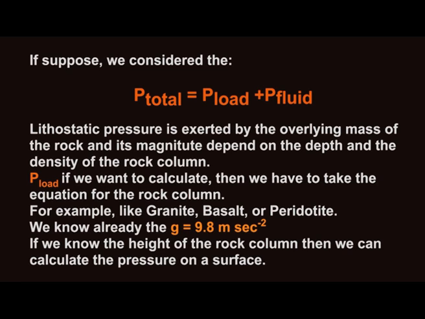P load, if we want to calculate, then we have to take the equation for the rock column, say for example granite, basalt or peridotite. We know already that g equals 9.8 meters per second squared. If we know the height of the rock column, then we can calculate the pressure on a surface.